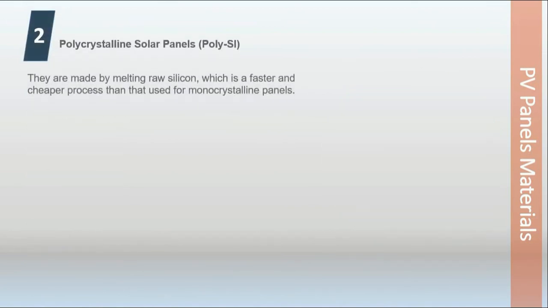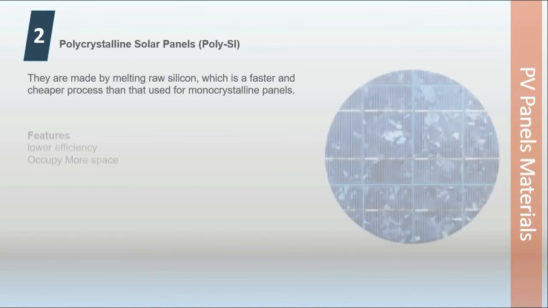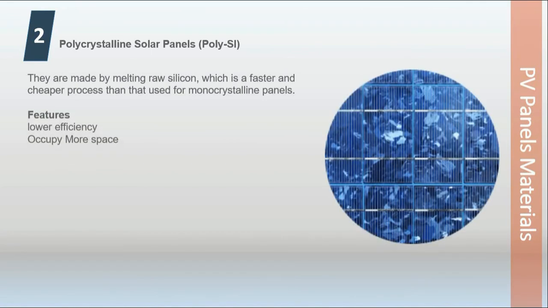The second type is polycrystalline solar panels, which are also made from silicon, but the difference is that the process to make these solar cells is less complicated than for monocrystalline. So it has a lower efficiency compared with monocrystalline and occupies more space.